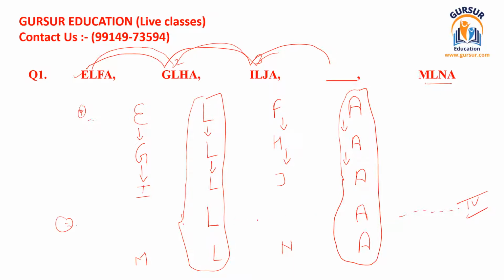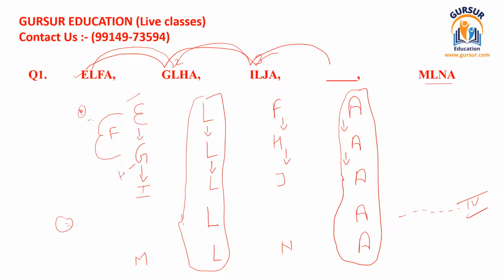Now this is easy to understand and easy to go through. So here is E, then there is G in the first element. There is a difference of one letter only, and this is F. So after E, F comes, and after F, G comes. And after G, H comes, and then I comes.